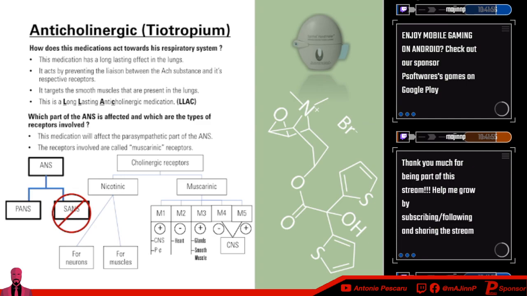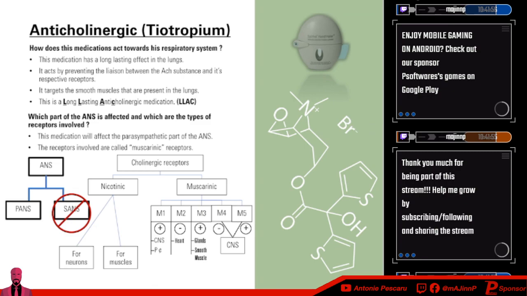With that being said, it targets the smooth muscles present in the lungs, and that's what interests us from this respiratory medication. Furthermore, this is a long-acting anticholinergic medication, abbreviated as LAAC or LAC, however you want to put it. And then finally, which part of the ANS is affected and which are the types of receptors involved.